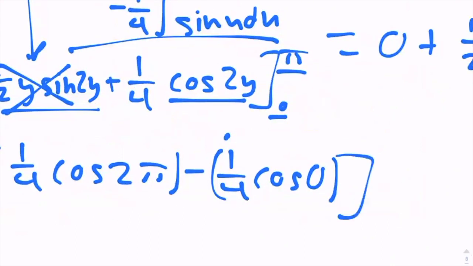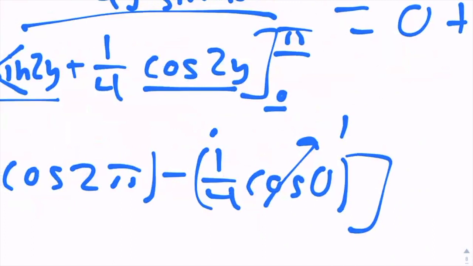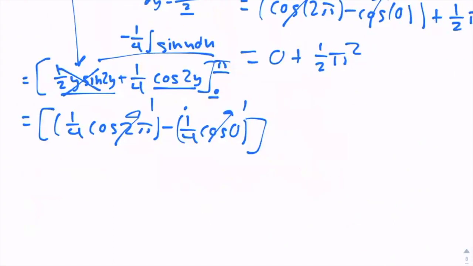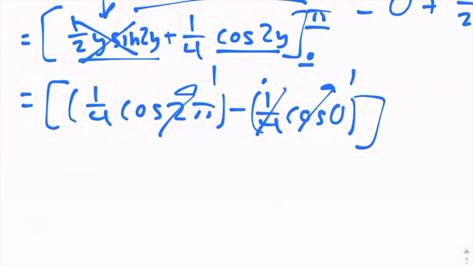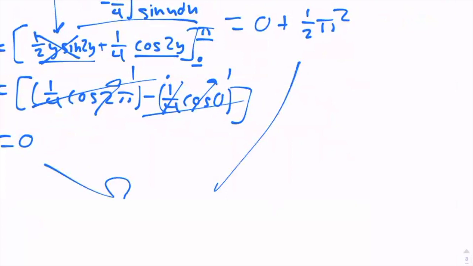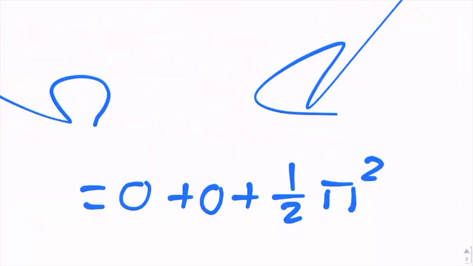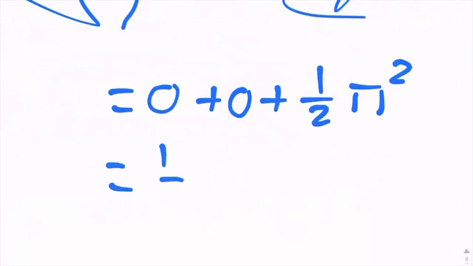And much like over here, we know cosine 0 is 1, cosine 2 pi is 1. So these values simply cancel out, boom, boom, and we get 0. So finally, our answer is a combination of all of this. It's 0 plus 1/2 pi squared. So in entirety, our answer is simply 1/2 pi squared.